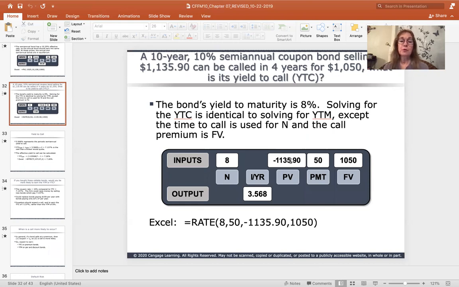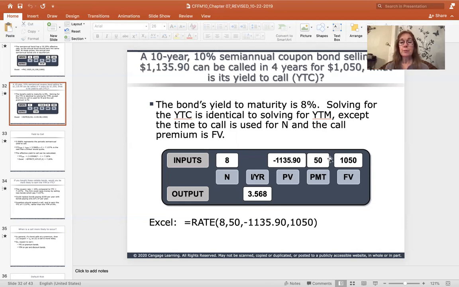So we know that interest rates have gone down because it's selling for a premium. So the bond's probably going to be called in. It can be called in 4 years. So we can't assume that we're going to make this yield to maturity because we're not going to be able to hold the bond for 10 years. So let's calculate the yield to call, assuming that the bond will be called in 4 years.